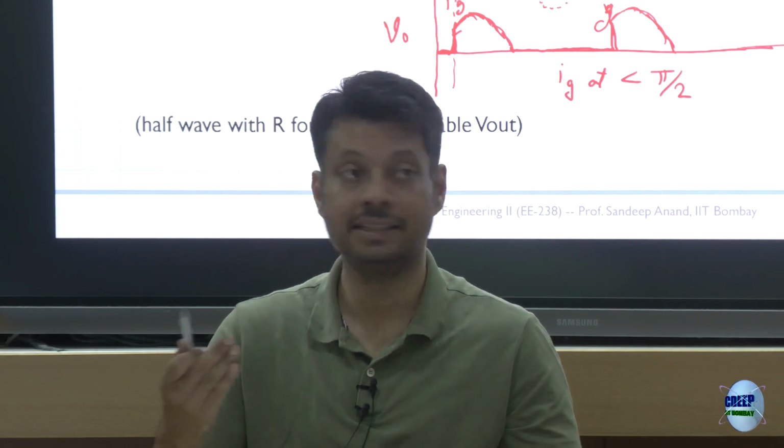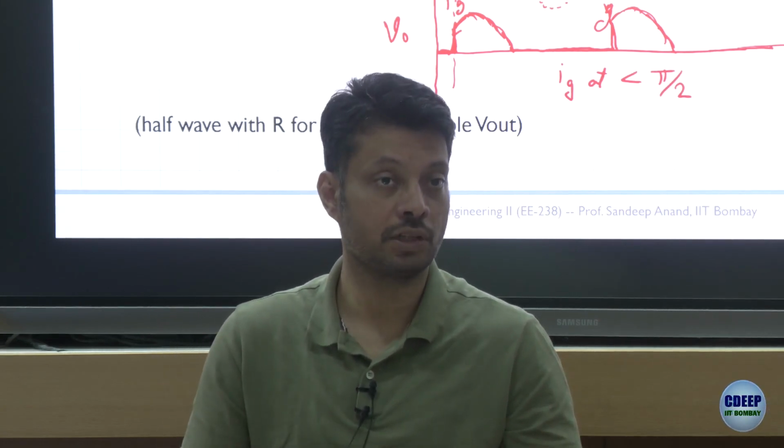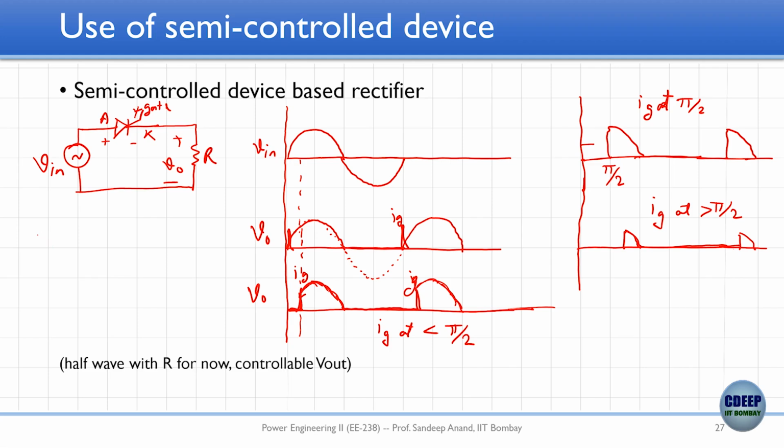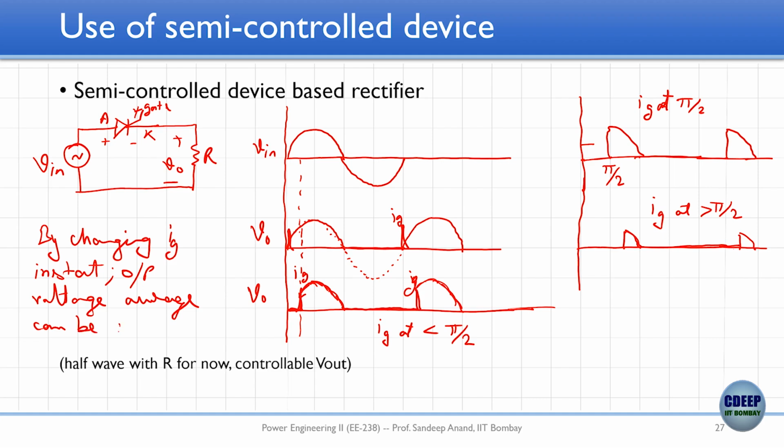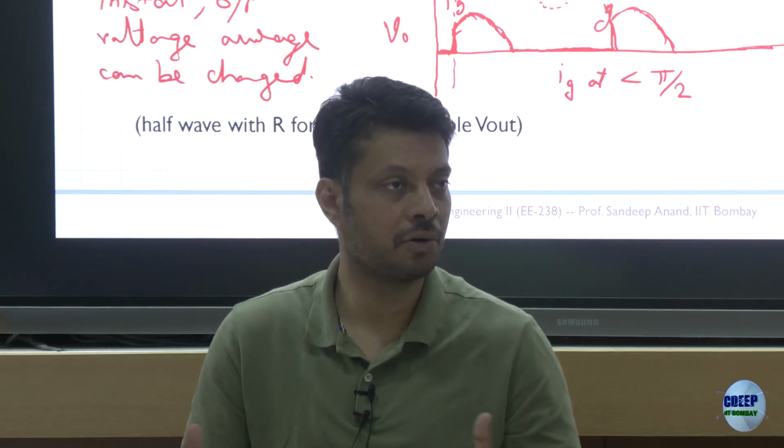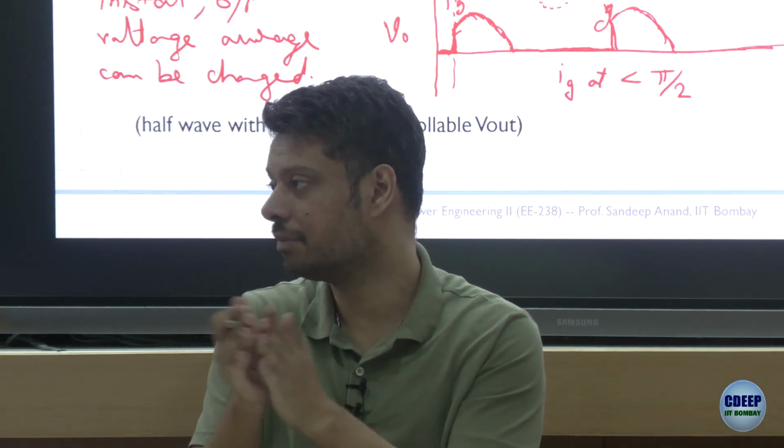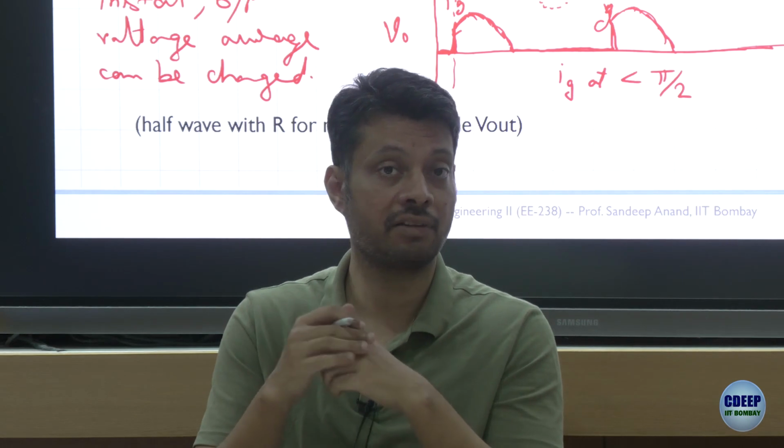So by varying Ig, I can change the average output voltage, right? Okay, so that's the use. Basically, if you had a diode, you had no other option, your average voltage would remain the same. Here you get some control over the average output voltage.